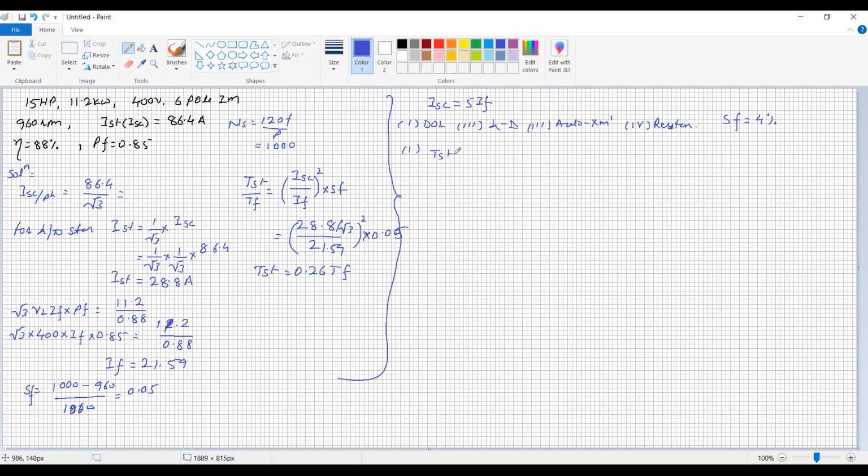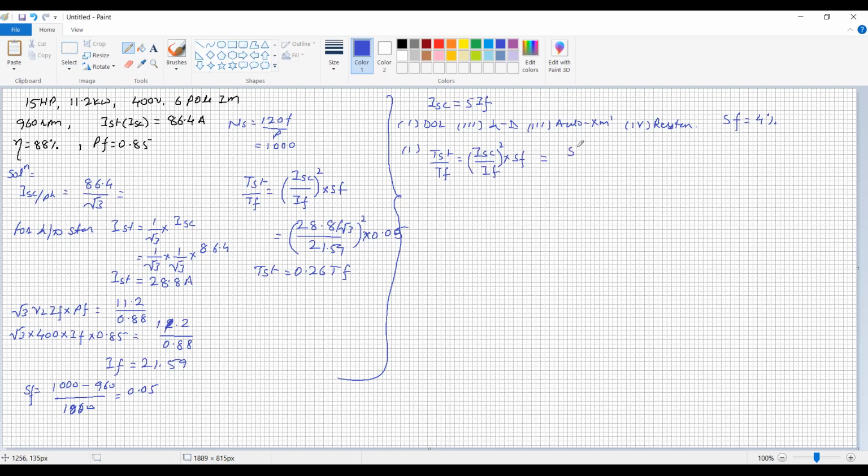So starting torque upon full load torque is given. Short circuit current is 5 times full load current. So first we'll write starting current or short circuit current divided by full load current, bracket square, into full load slip. What is the short circuit current?